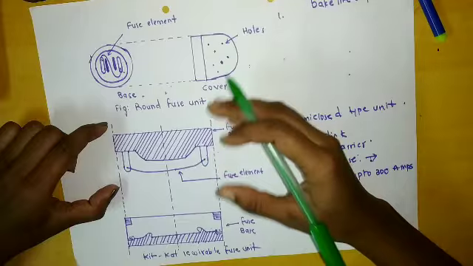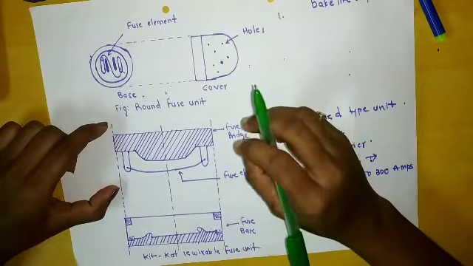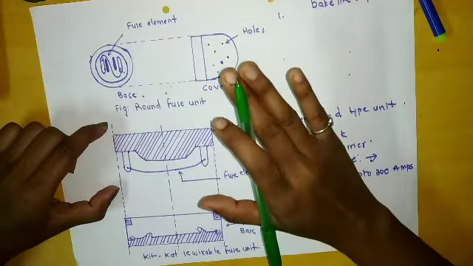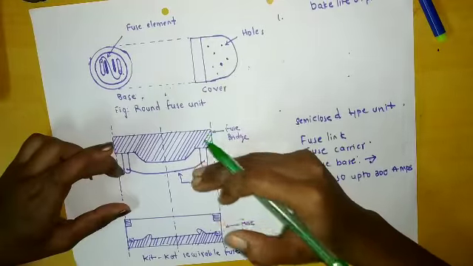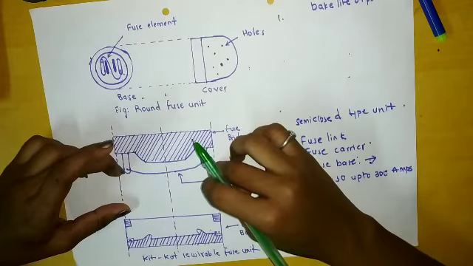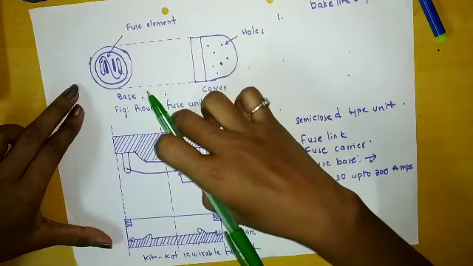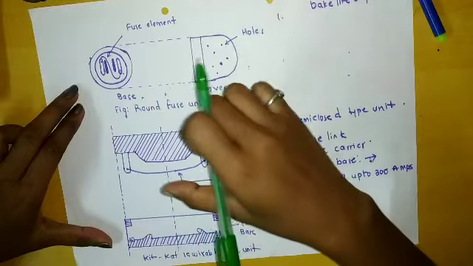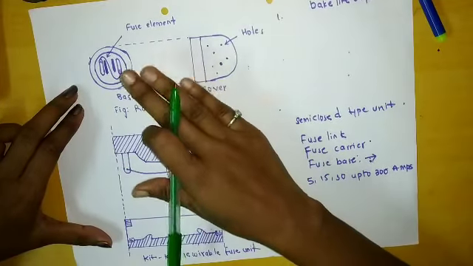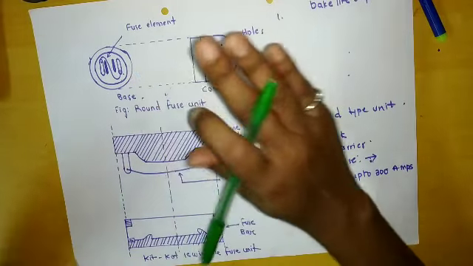We can take it out or insert it without switching off the main supply. If the fuse holder gets damaged, we can replace it without replacing the whole unit, just a single portion. So this is all about the KitKat rewirable fuse unit.